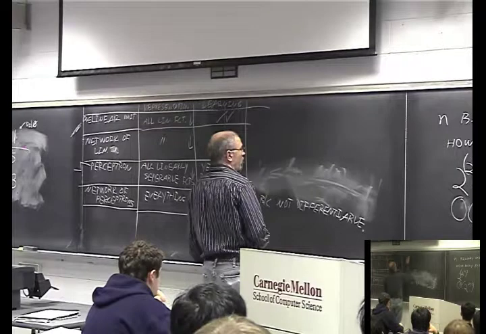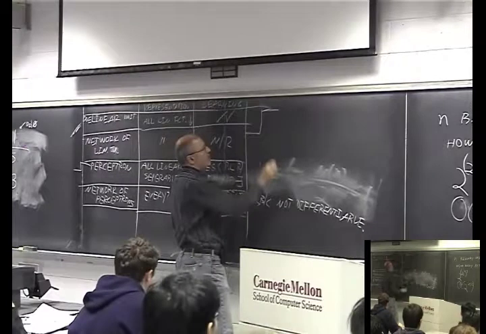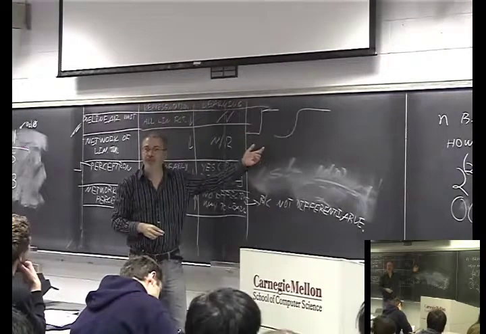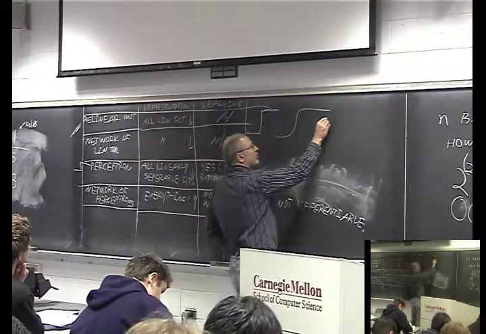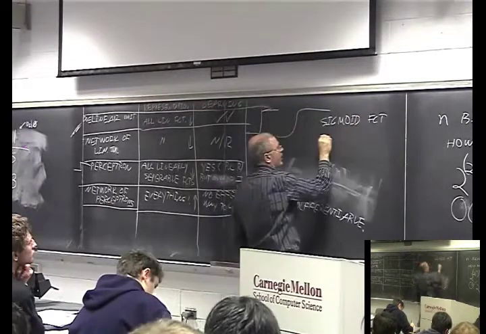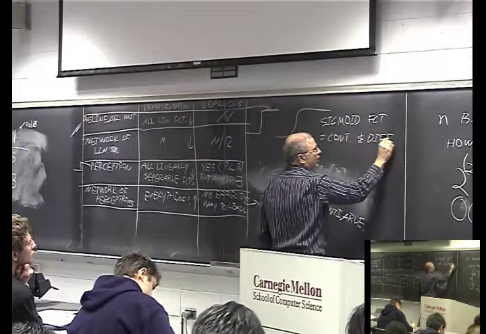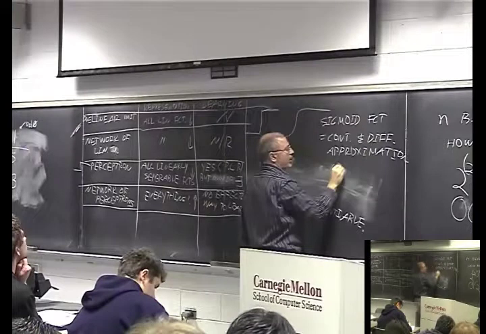So what we're going to do is introduce a function that approximates this. And how do you approximate this? Well, continuously, you do something like this. Familiar with this function? It's called a sigmoid. Sigmoid function. It's a continuous and differentiable approximation of the step function.